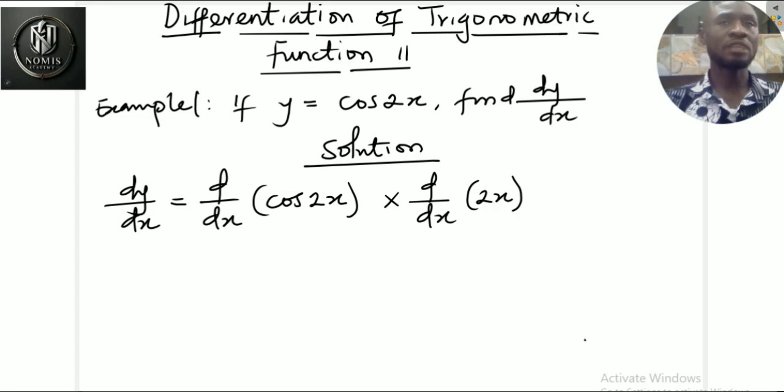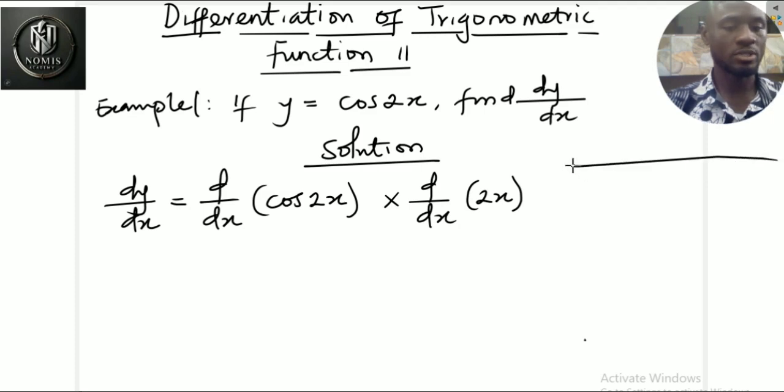I believe you can remember those identities and their derivatives. If we differentiate sine x, we have cos x. When we differentiate cos x, we have minus sine x. So let's think about this. How is that gotten? So let's open a small box here to explain.